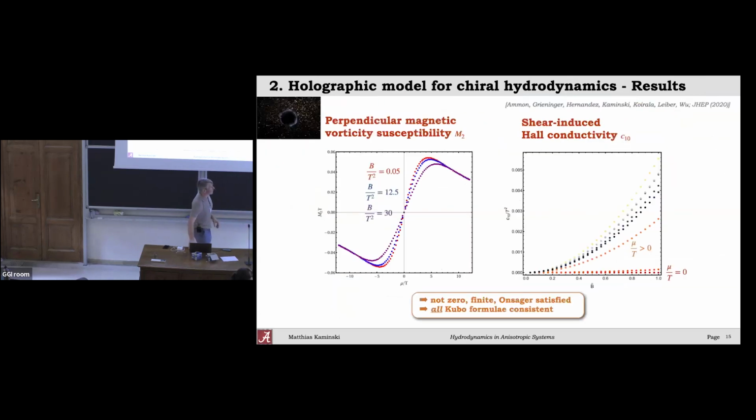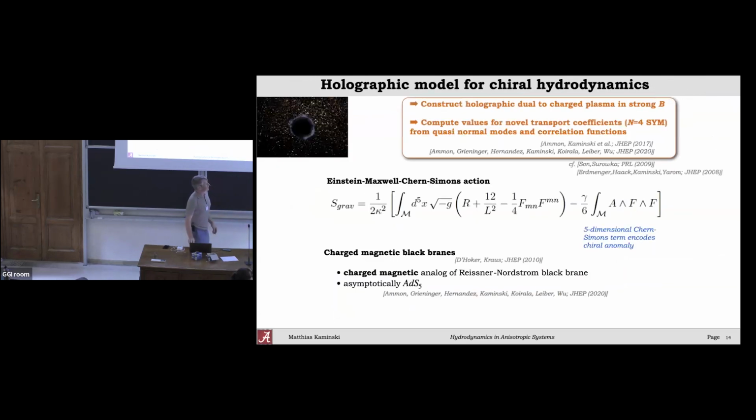But okay, those are all good questions, and let me just say that we've tested these Kubo relations now in a holographic model. That's our microscopic model, our version of kinetic theory, or whatever you might want to call it. Perturbative QCD is of course an approach to test your Kubo relations.